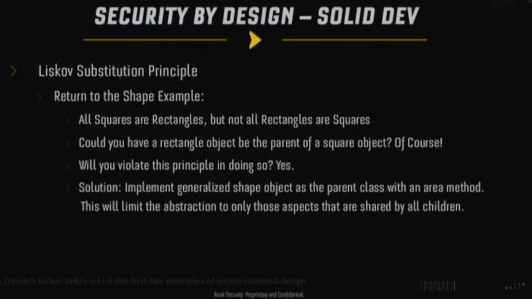Liskov substitution principle. Return to the shape example. You know, all squares are rectangles, but not all rectangles are squares. So if you had the rectangle be the parent of the square object, you can run into issues where you're trying to set the side of a square object, and you're having to overwrite your methods to ensure that for the square object, both sides are being set rather than setting, say, width and height individually.